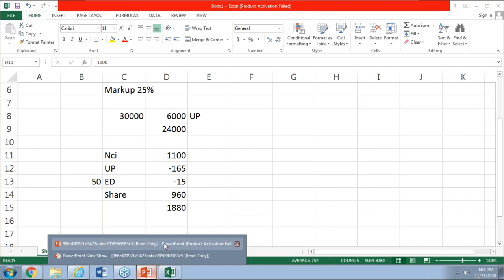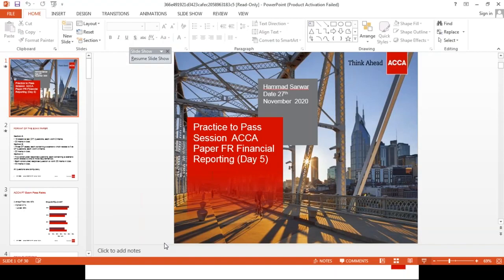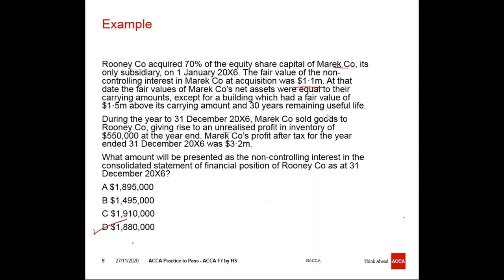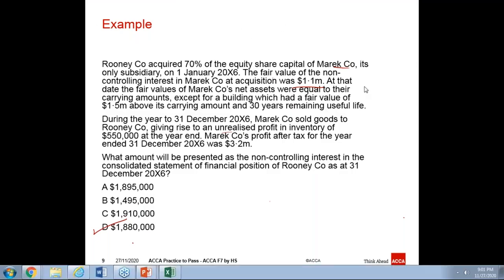Actually, the questions which we are discussing right now are the most challenging questions in the examination according to the examiner's report. I have collected these challenging questions from the examiner's report to tell you that these are the toughest questions for the examination. But you cannot say that all questions will be like this.